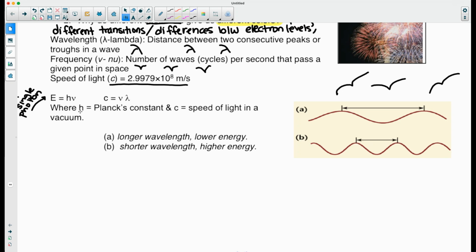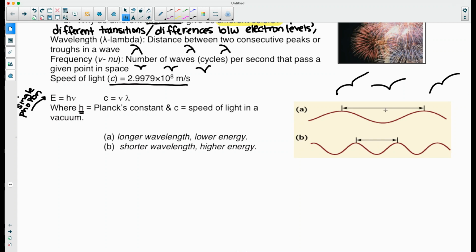Energy is equal to Planck's constant times nu, and c, which is the speed of light, equals nu times lambda, or lambda times nu. So we can use these formulas in order to find out the amount of energy associated with the color of light that was given off.